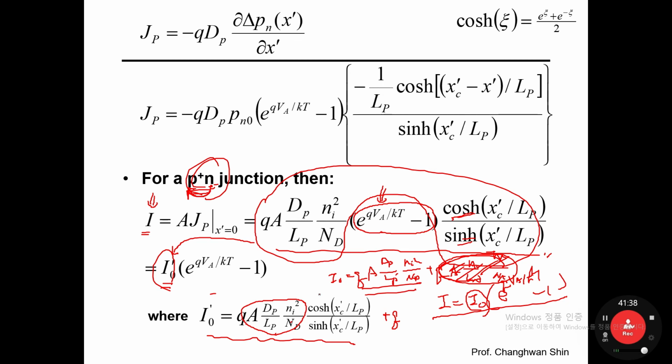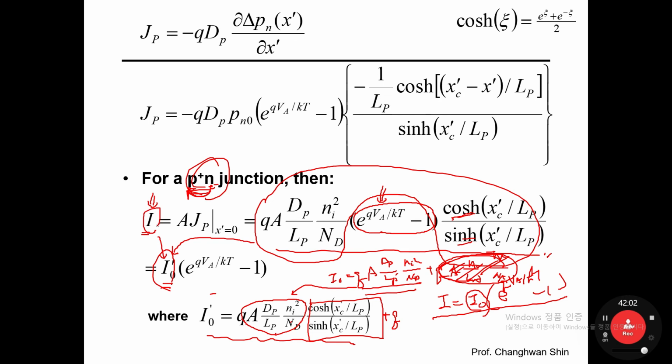But now a single term with more detail has been included in the saturation current as I naught prime. So the basic form of the diode equation is still well kept. However, some more detailed terms are included in this I naught prime.